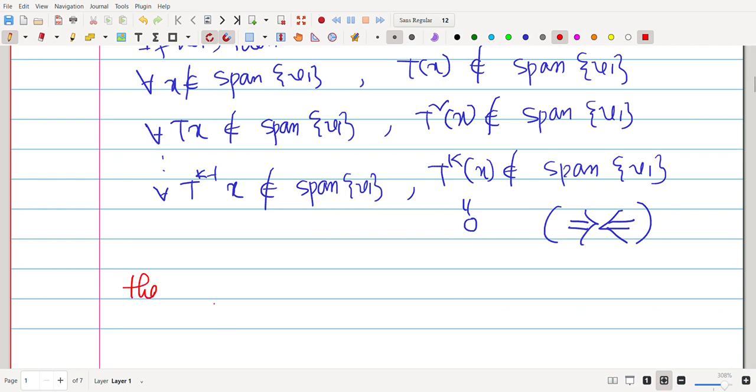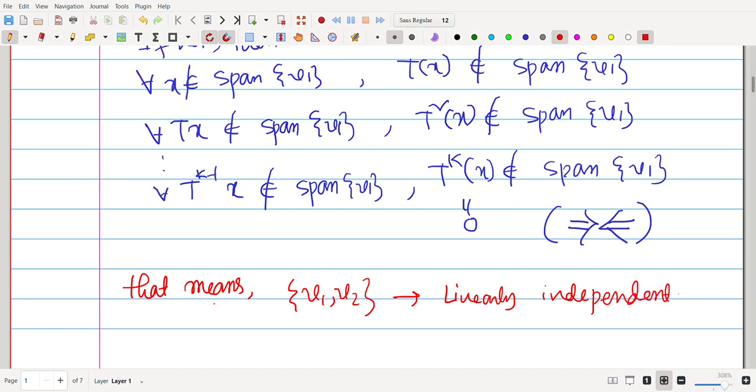That means V1, V2 is linearly independent as V2 is not inside the span of V1 and T of V2 belongs to span of V1.